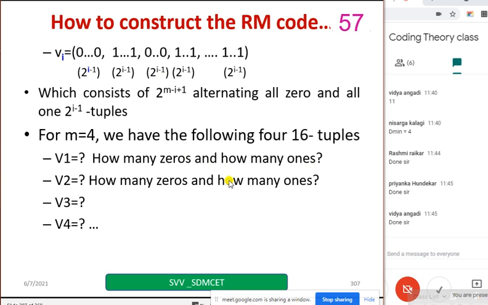Fill in the i value in 2 raised to i minus 1, then you will get a number. That number you tell, so many zeros, so many ones, for v1 or v2 or v3 or v4. Take a minute.